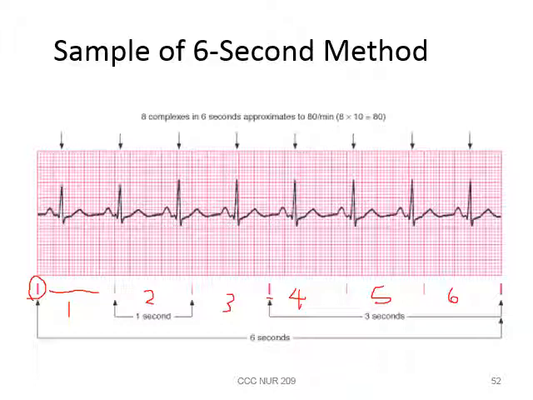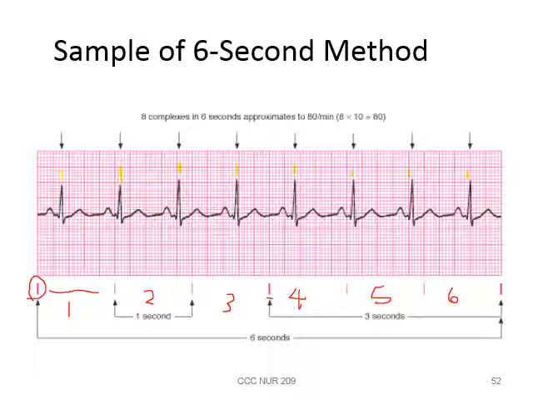So to determine the rate on this strip, we're going to count the number of QRS complexes. So it starts here. Here's 1, 2, 3, 4, 5, 6, 7, 8.